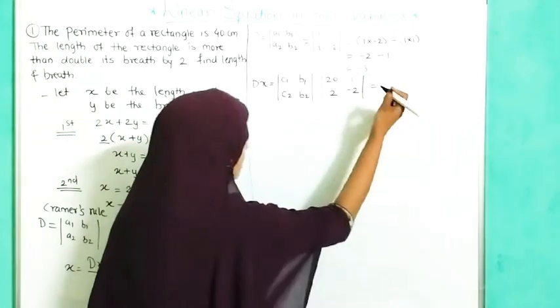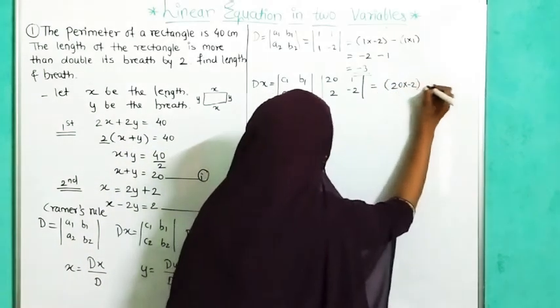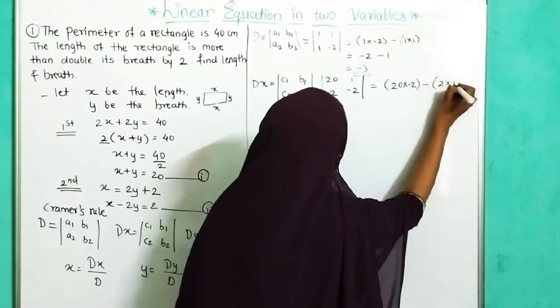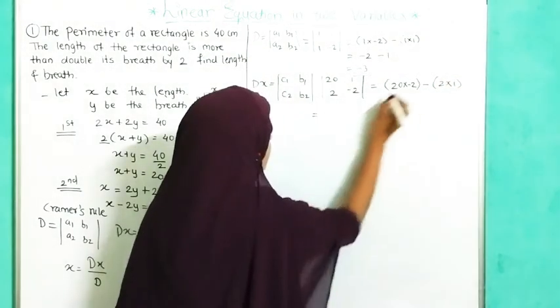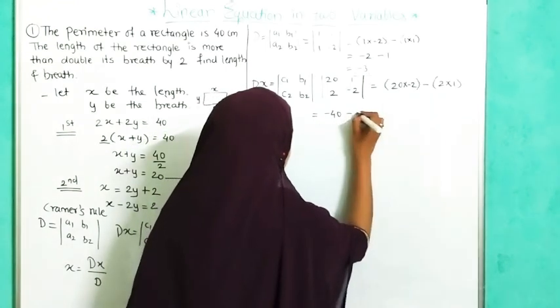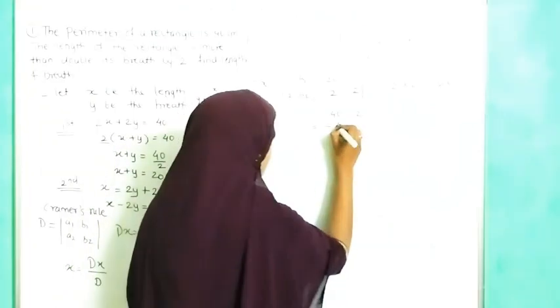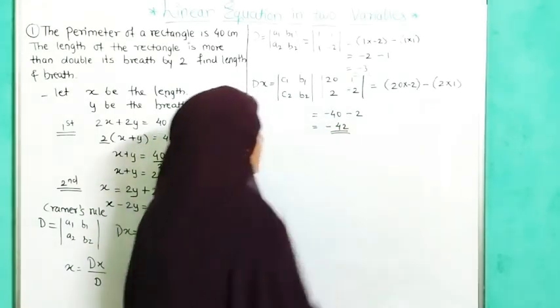So 20 into minus 2 minus 2 into 1 is minus 40 minus 2, so minus 42 will be the answer.